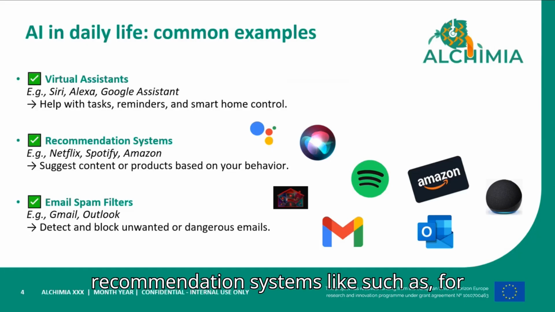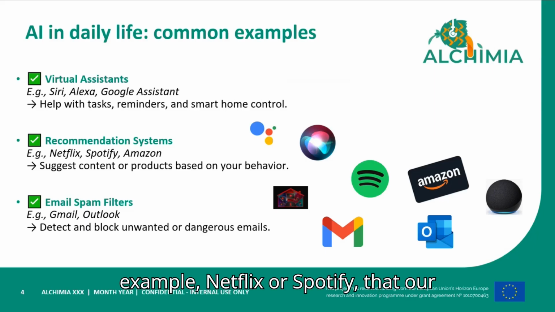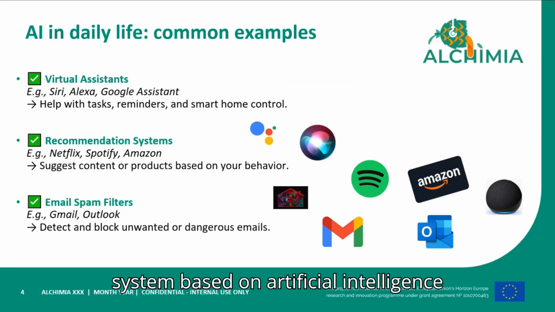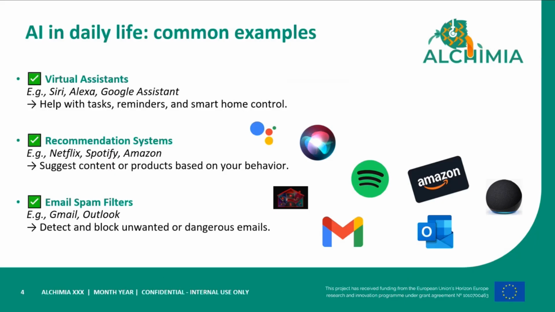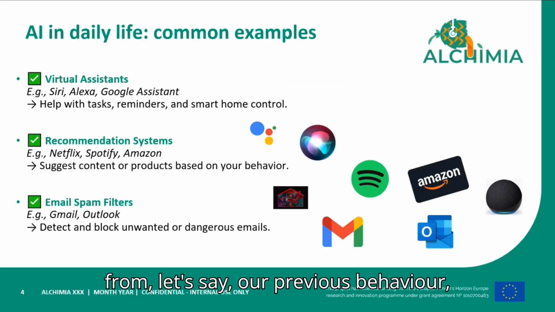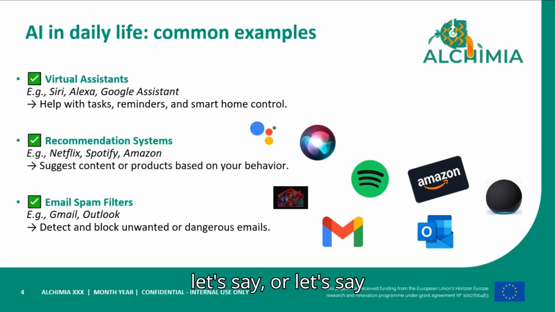Recommendation systems such as Netflix or Spotify are based on artificial intelligence methodologies that suggest contents and products from our previous behavior, or the typical behavior of a specific human category.